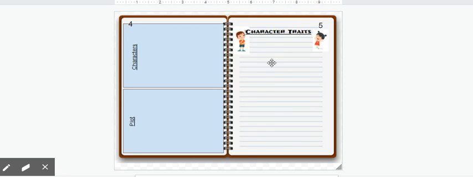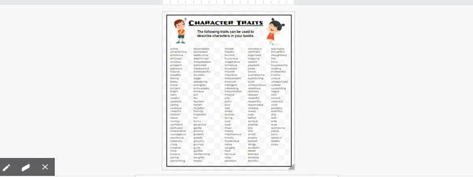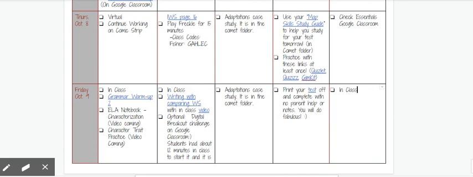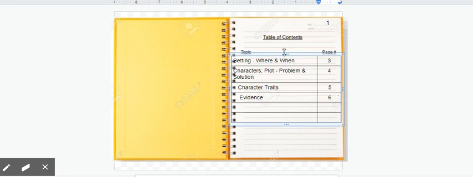All right, so hopefully by now you have the character traits glued into your notebook. And remember, you had, oops, sorry. Here we go. Table of contents. You had evidence, page 6. Well, with your evidence, you have to make sure that when you are proving a character trait, that you give specific things that the character does.